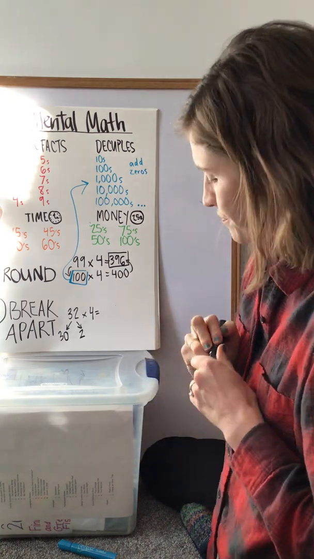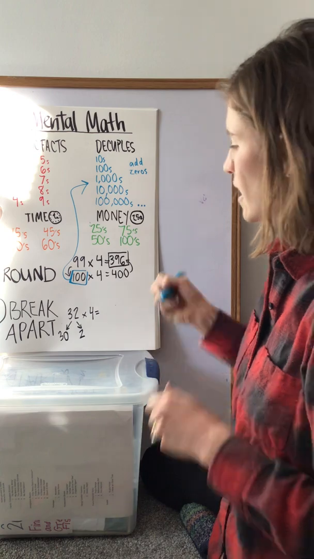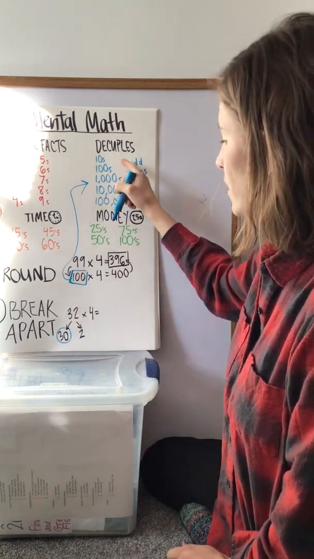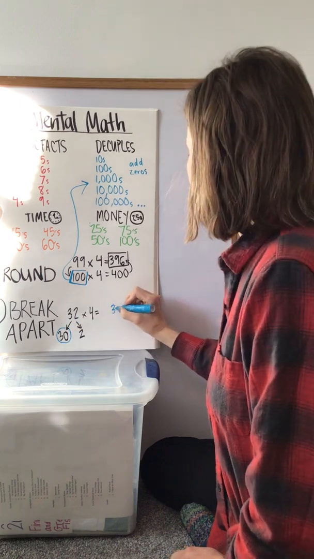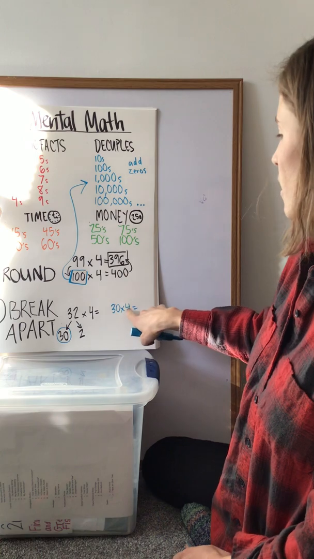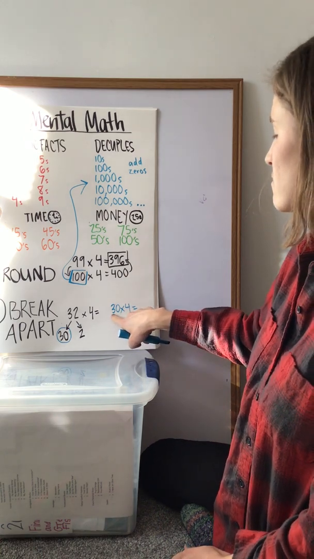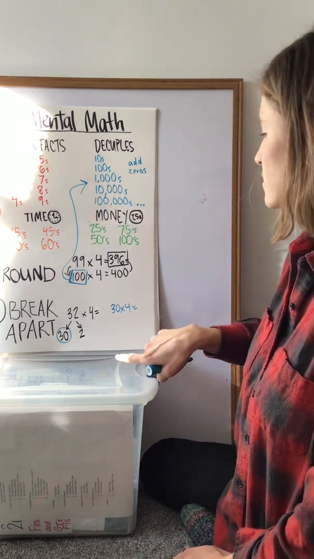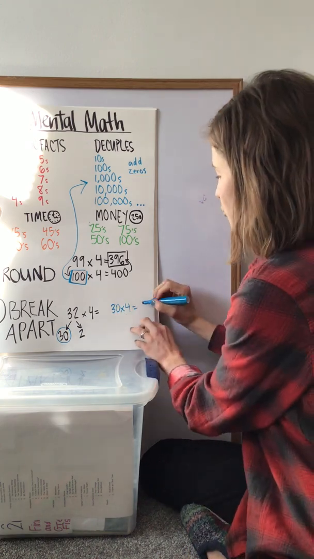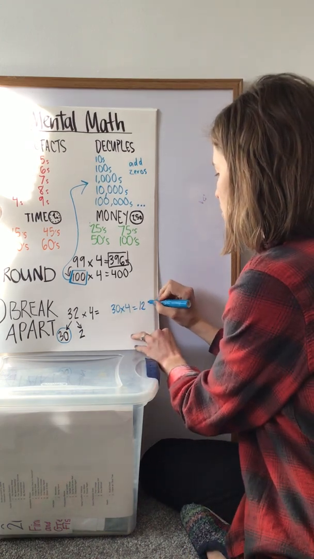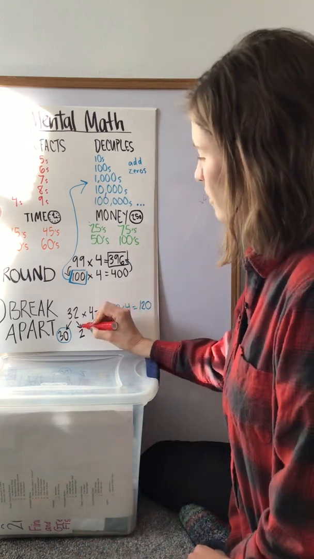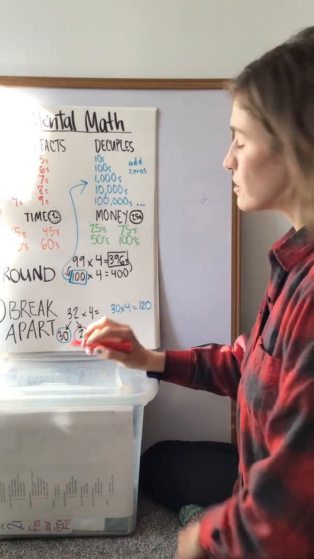Now, I can look at this 30 kind of like a decible, right? 30 times 4. I know that 4 times 3, which is a basic fact, is 12. And then there's this 0 here. So 30 times 4 must be 120. And then my other problem is 4 times 2.